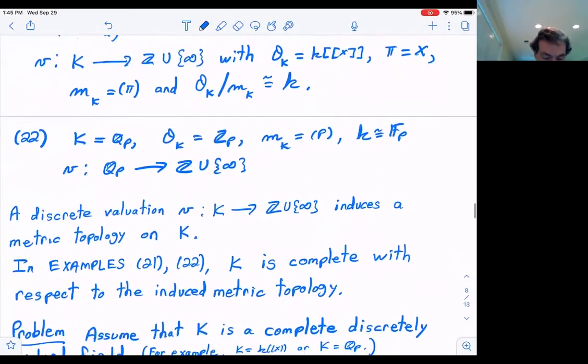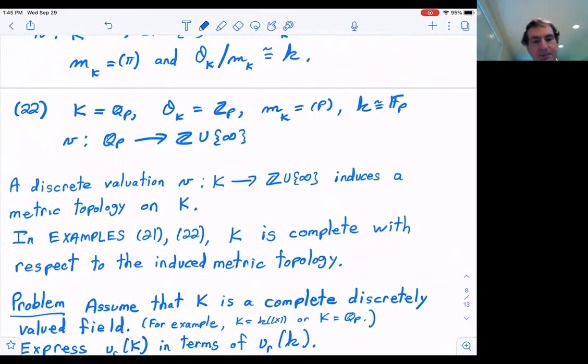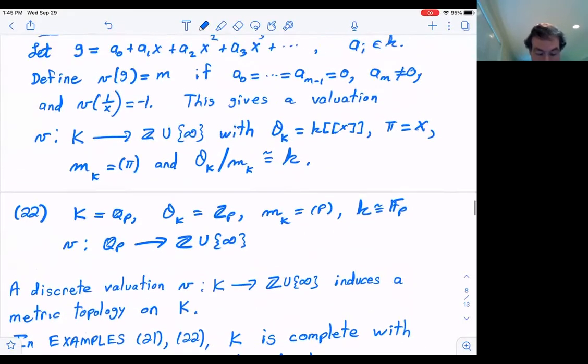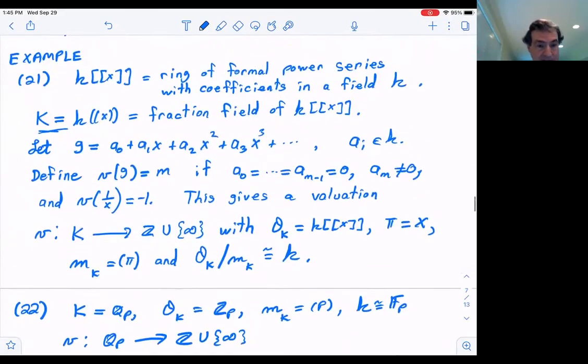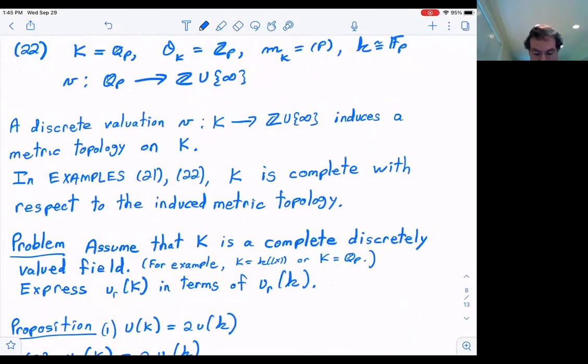Well, a discrete valuation induces a metric topology on K. I didn't write down how you do that, but it does. So in examples 21 and 22, one can show that K is complete with respect to this induced metric. So we say that K is a complete discretely valued field in that case.